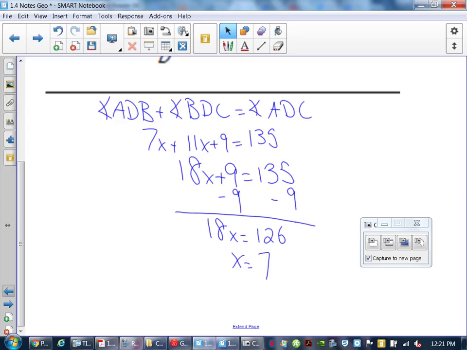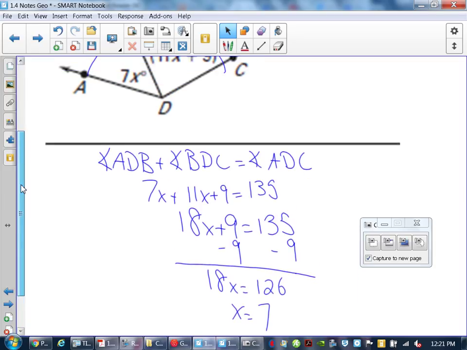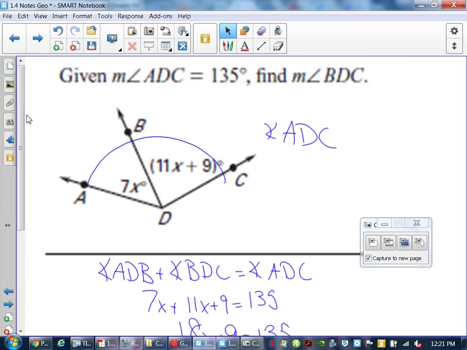Now, the question didn't ask you to just solve for x. It asked you to solve for angle BDC. It's solved for this angle here. So what do I do with that value of 7? You're on the right track, yeah. You substitute in the 7 for x, and you get 11 times 7 plus 9. 86.